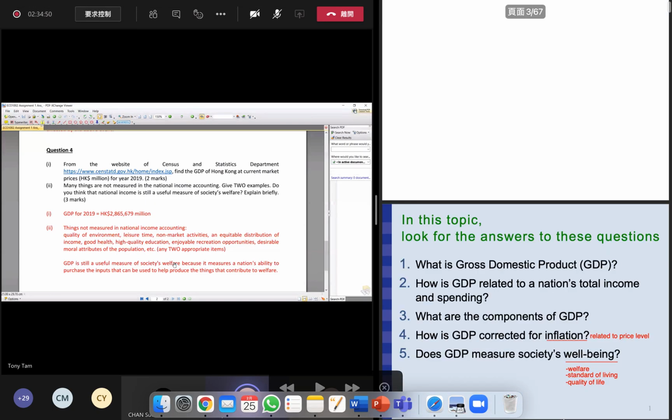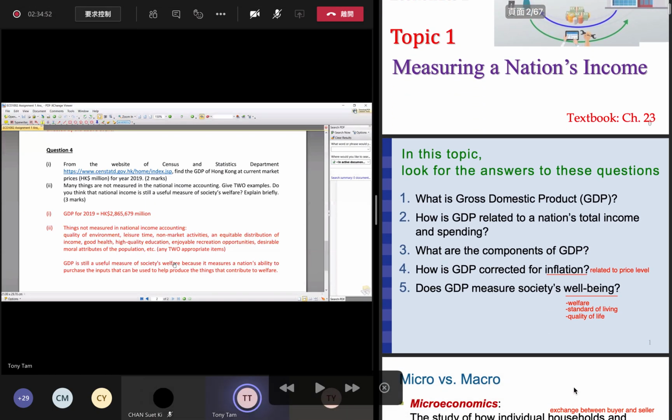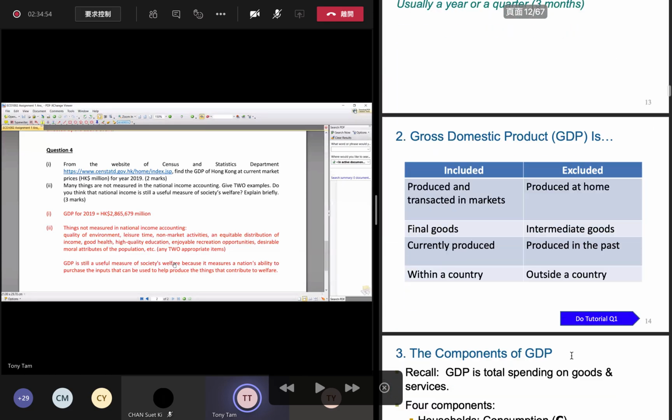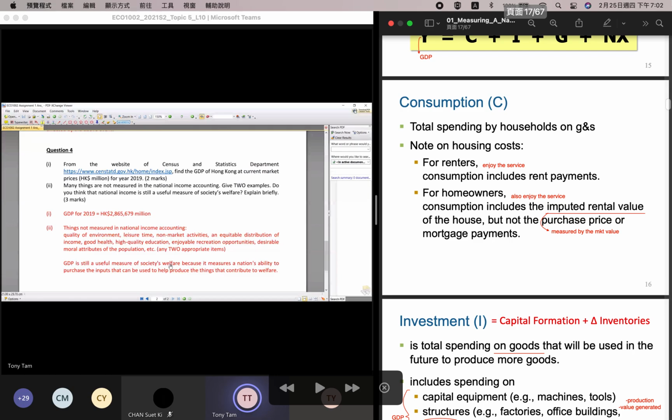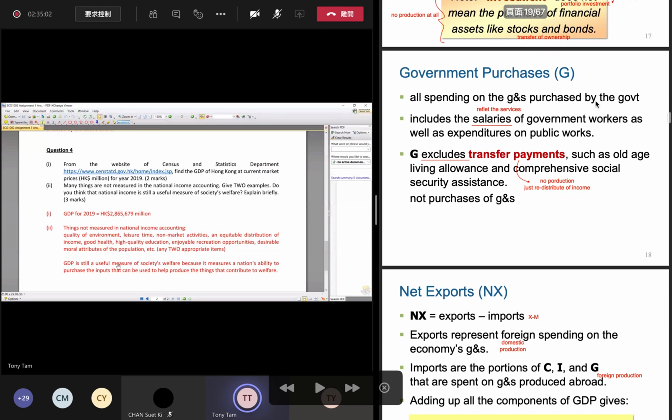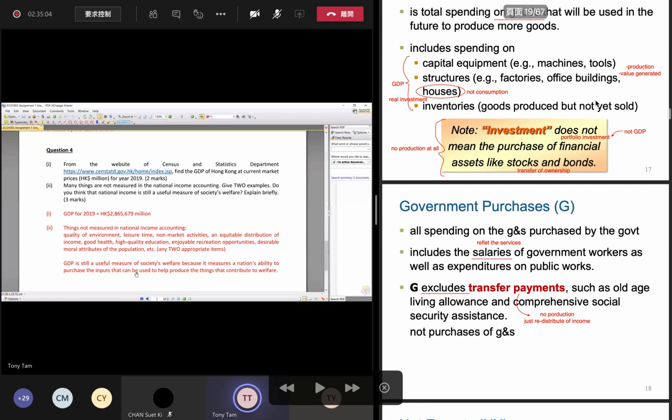Because to a certain extent, the higher the GDP, the higher the income of the economy, right? What can they do with the income? With higher GDP, they can hire inputs that help produce the things that contribute to the welfare.